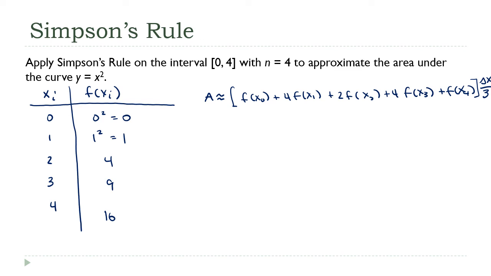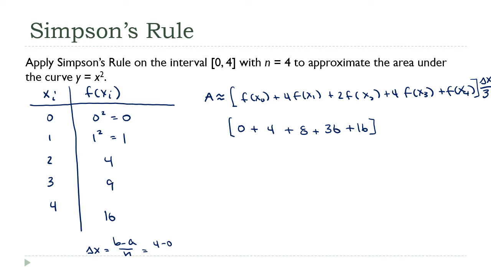Okay, so let's put the numbers in here and see what this comes out to. This is 0 plus 4 times 1 is 4. 2 times 4 is 8. 9 times 4 is 36, plus 16. Delta x is b minus a over n.